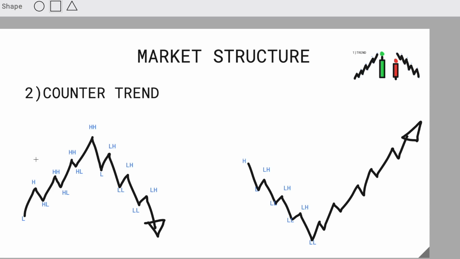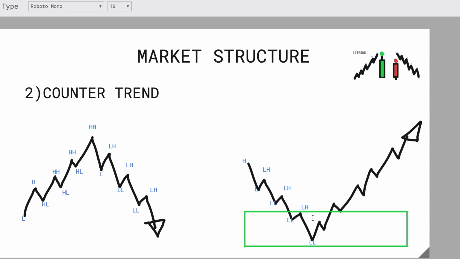Consider this area as our POI, point of interest. This is our high. This is not a confirmation. This is the high and low.